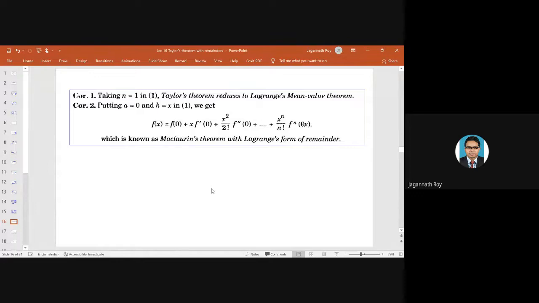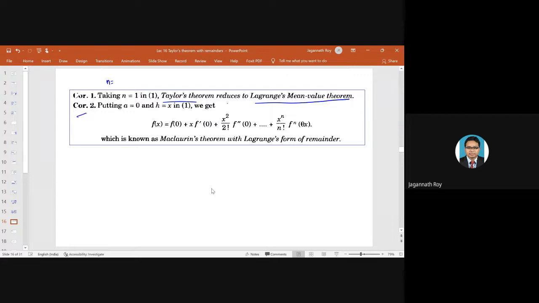This Maclaurin series is actually derived from Taylor's theorem. In fact, if you take n equals to 1, then Taylor's theorem reduces to Lagrange's mean value theorem. That is why we have mentioned that Taylor's theorem is the generalization of Lagrange's mean value theorem.